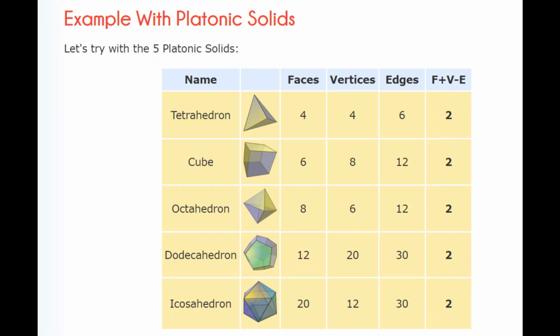Okay? So I just wanted to share this with you. In case some of you want to challenge yourselves with something else, you can go ahead and try this on other shapes, or you can just explore it on your own. Okay? So I'll leave a link down in the description below on the website where you can look into this more.